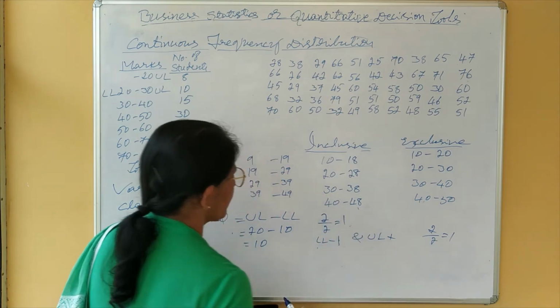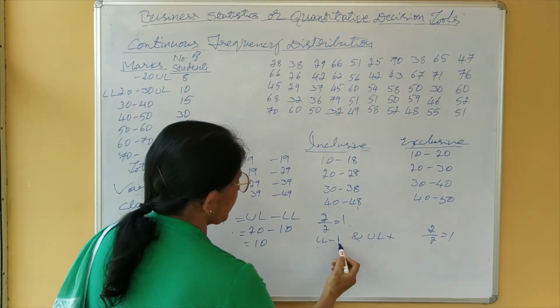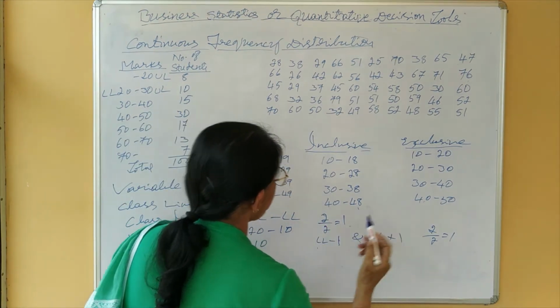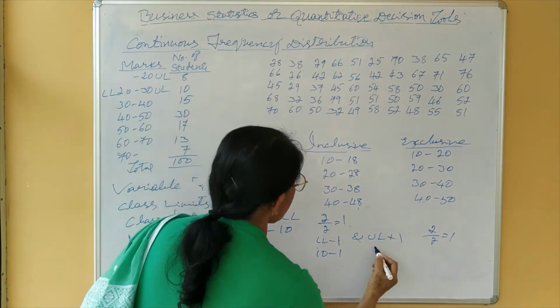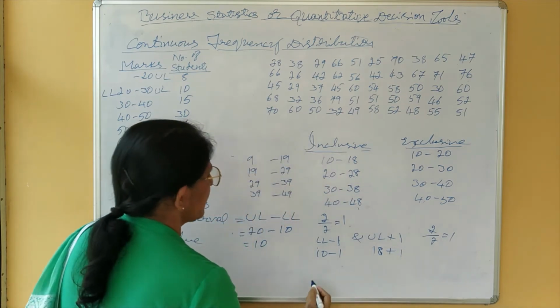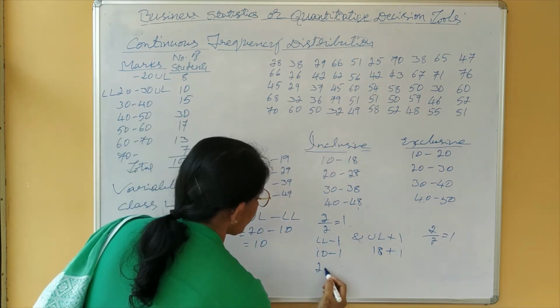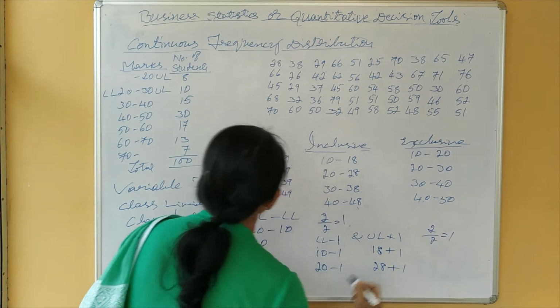Jump 2 divided by 2, half of jump 1, lower limit minus 1, upper limit plus 1. Here 10 minus 1 and 18 plus 1. Next 20 minus 1, 28 plus 1.